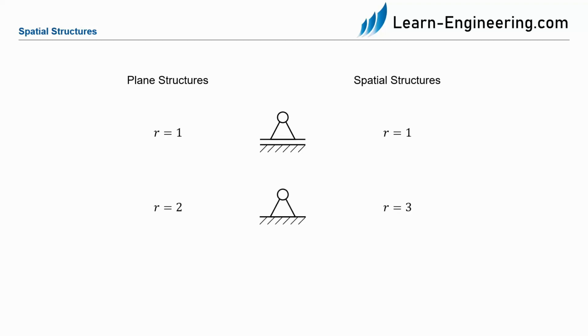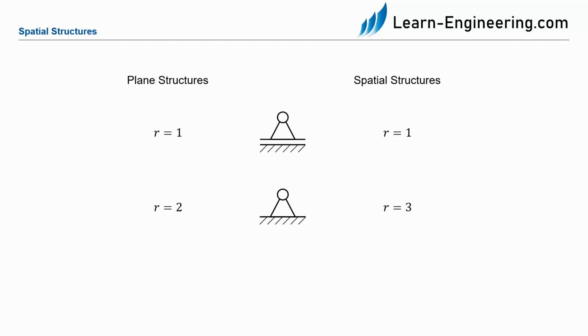With the hinged support, we have a support reaction of 2 for 2-dimensional bodies since all translational movements are absorbed by the support. With 3-dimensional bodies, too, all translational movements are absorbed, so we can set the support reaction to 3.